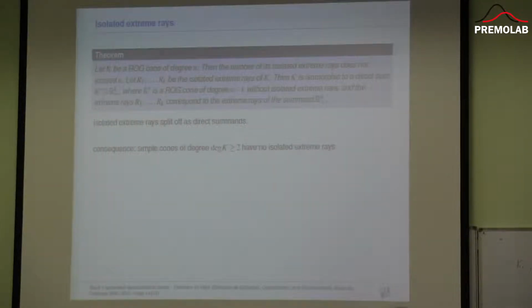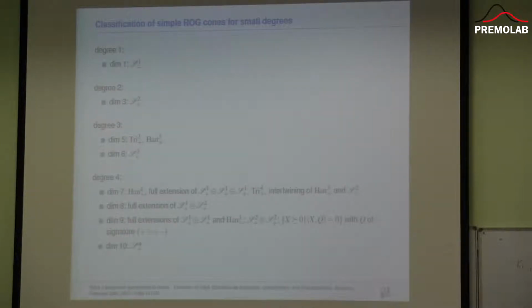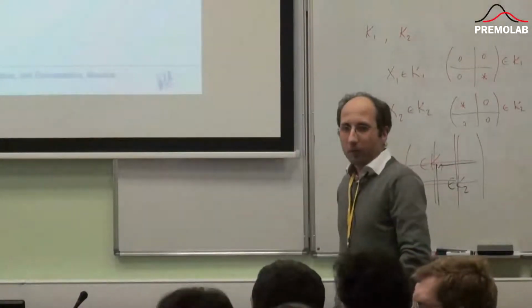Okay, so now time's up, so I will skip this. And this is a classification for matrix sizes up to 4. It can still be done. For 5, it gets already more complicated. Okay, so thank you very much.